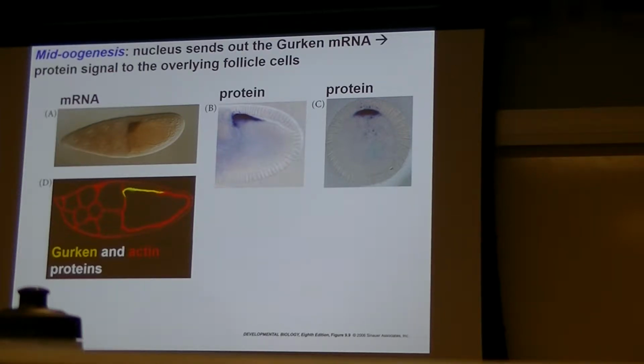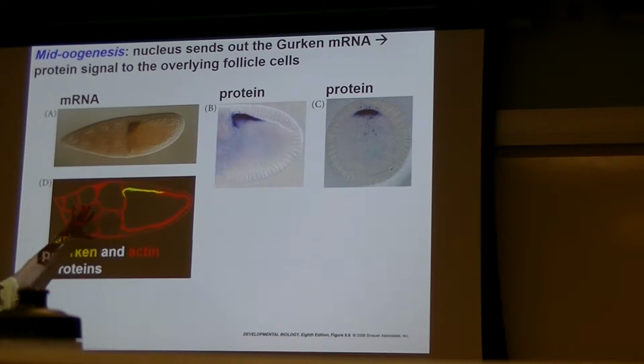This just shows you some of the experimental evidence that we can use to understand that this is happening and when and where. We have in situ hybridization up here at the top showing you where gurken mRNA is localized. You can see it's really discrete. Just right there in the corner of the oocyte and nowhere else, we find a higher concentration of gurken mRNA, and it's communicating with these overlying follicle cells.